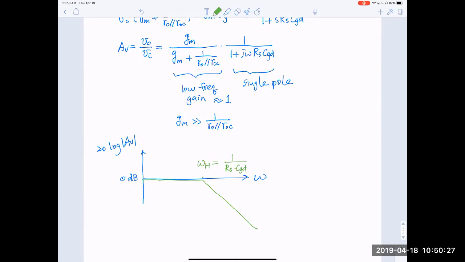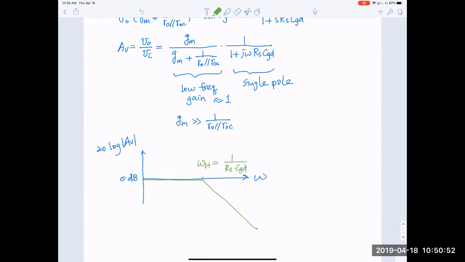So I have a question here for you. If we look at the typical amplifiers, common source and common drain, which one do you expect to have higher frequency performance? Meaning, which one do you expect to have higher cutoff frequency? The 3 dB frequency.